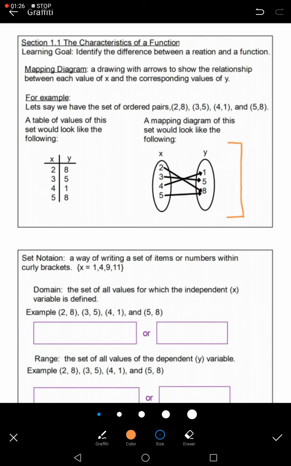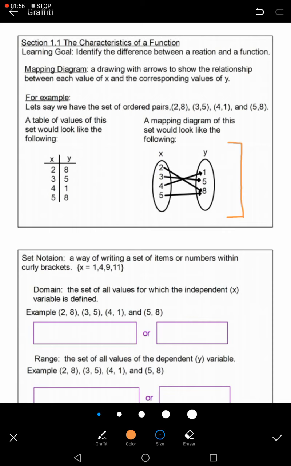We have our x's on the left, our y's on the right, and we would just simply list the x's, list the y's, so that they line up with the corresponding values. A mapping diagram, on the other hand, as you can see here on the right, would look something like this. So instead of having just an x and a y, these arrows show what corresponding value of y goes with the x.